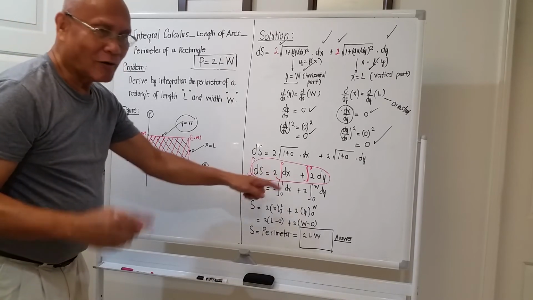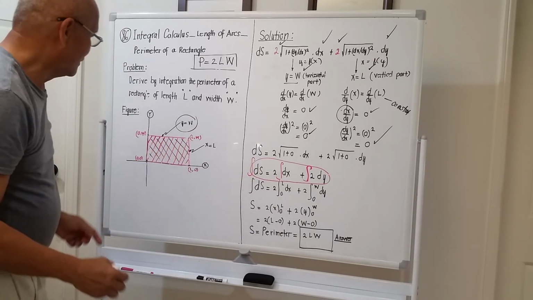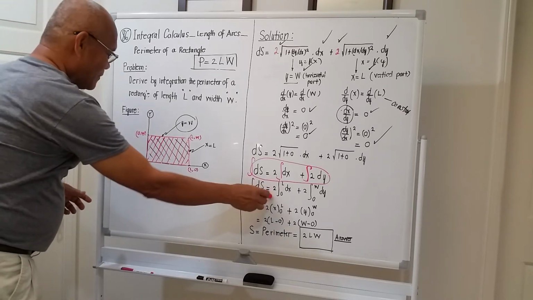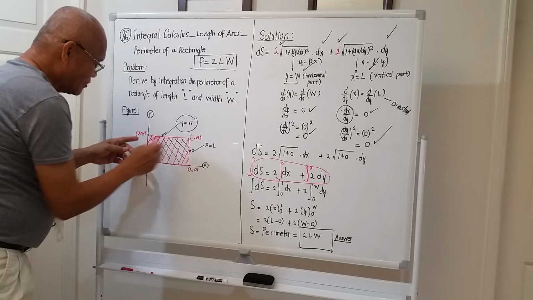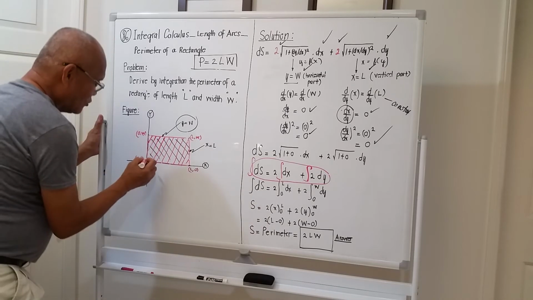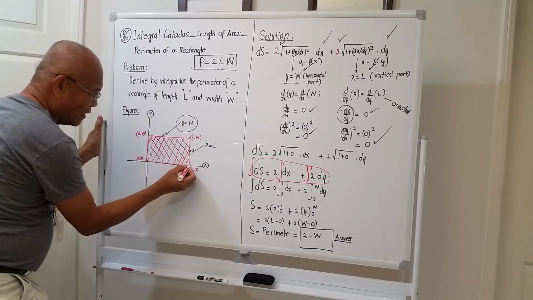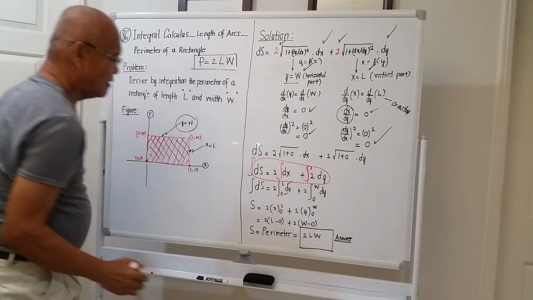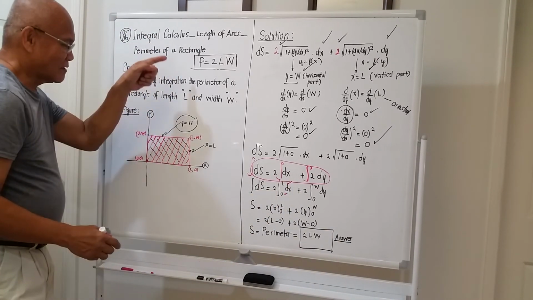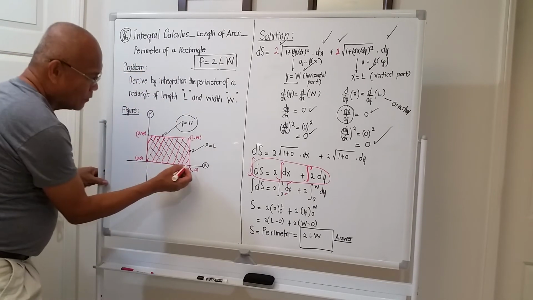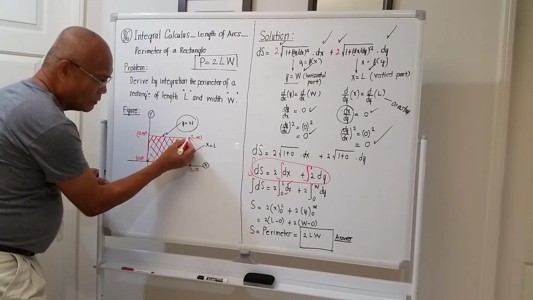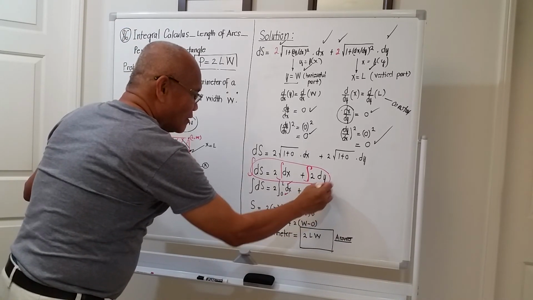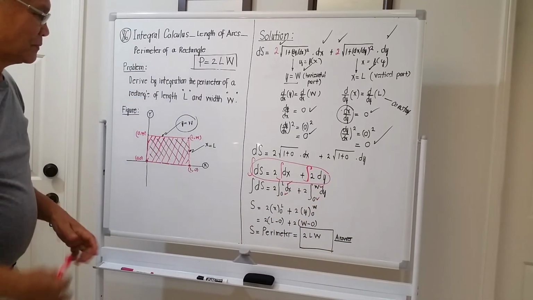For dx, okay, we try to specify the limit. For the horizontal distance, x should move from 0 to L. That's why the limit is 0 to L. Okay? For the vertical distance, y should move from 0 to W. So the limit is actually 0 to W. Right?